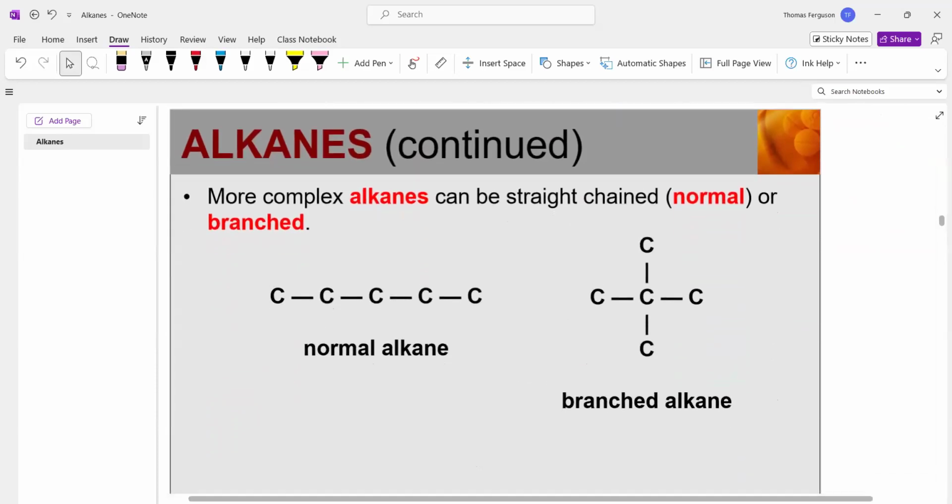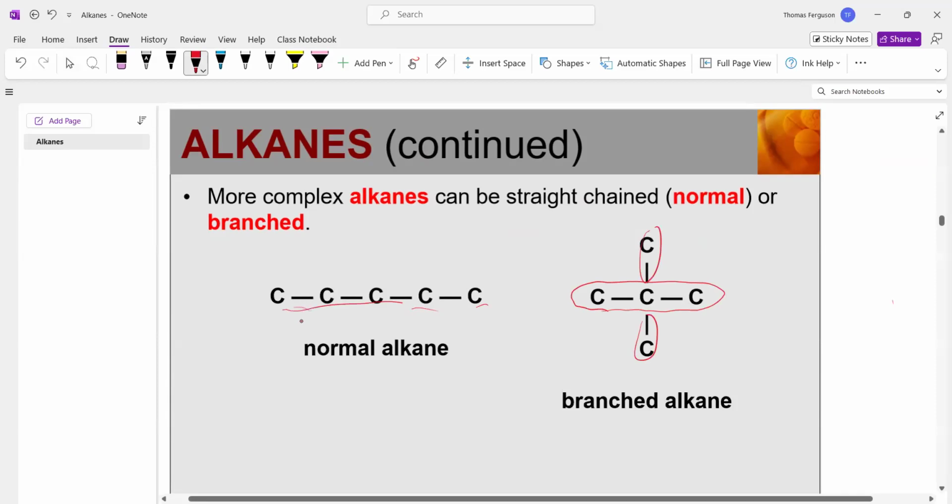Now, we're going to get into this quite a bit on this idea of branching. You can have a straight chain, meaning that they're just in a linear fashion like this. And this is considered branched. Okay, this over here. So the main branch, or the main backbone is that with a branch here, a branch there.